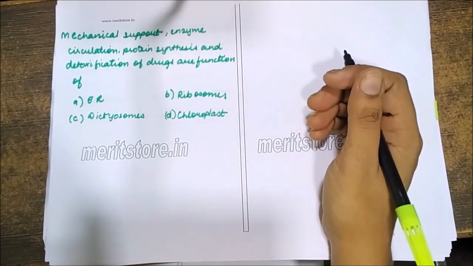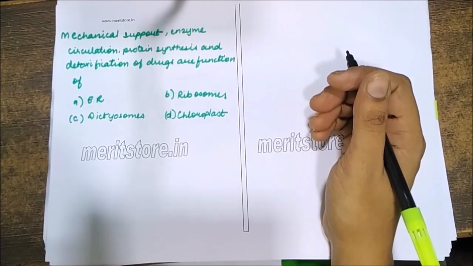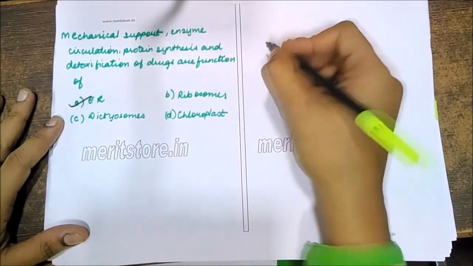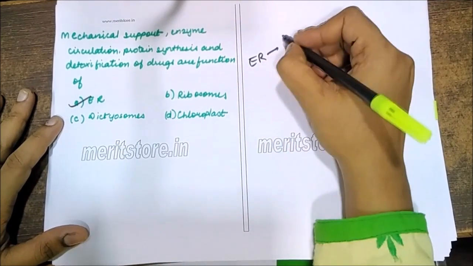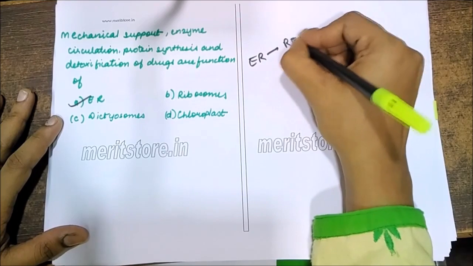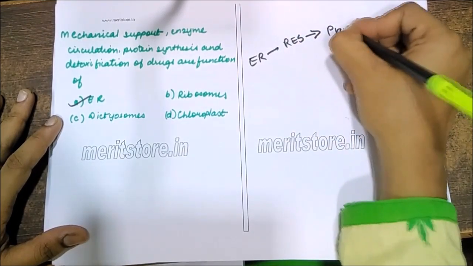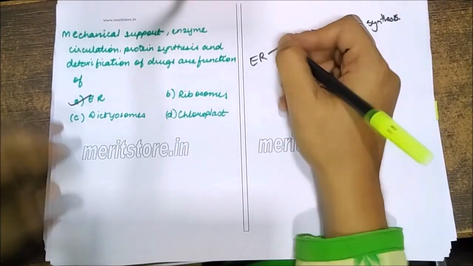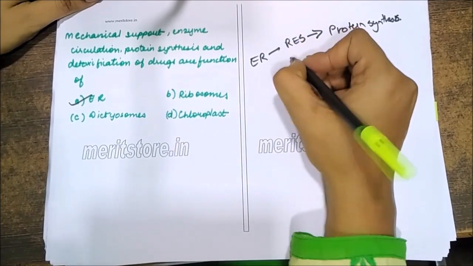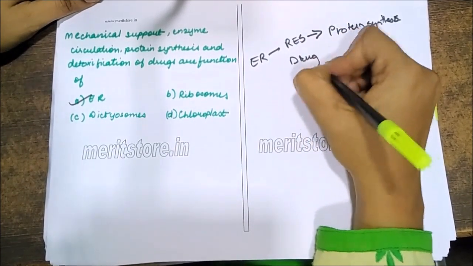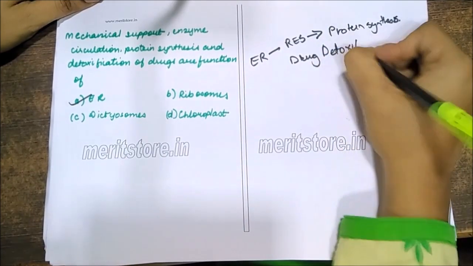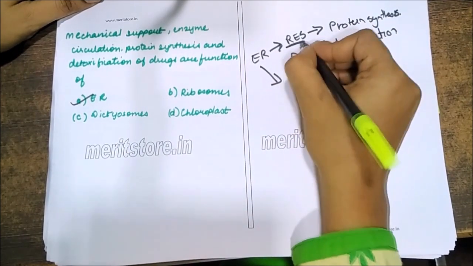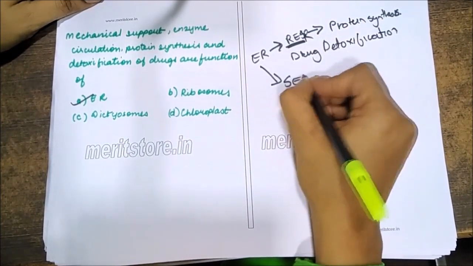Mechanical support, enzyme circulation, protein synthesis, detoxification of drugs. These are functions of endoplasmic reticulum. See, endoplasmic reticulum has rough endoplasmic reticulum, and rough endoplasmic reticulum has a function of protein synthesis. Then it also carries out drug detoxification. One type was rough endoplasmic reticulum, the other type is smooth endoplasmic reticulum.